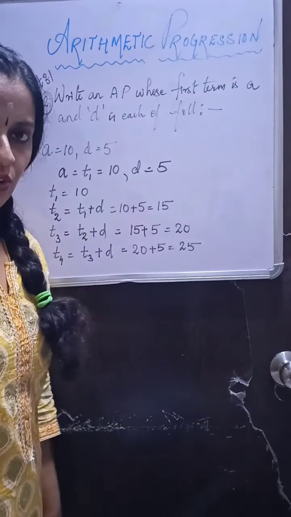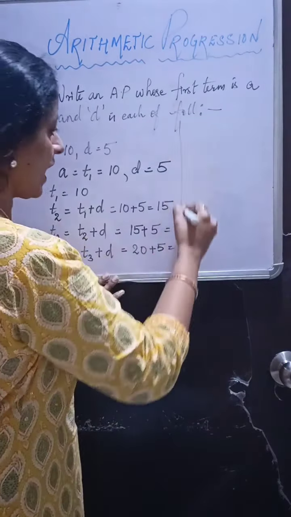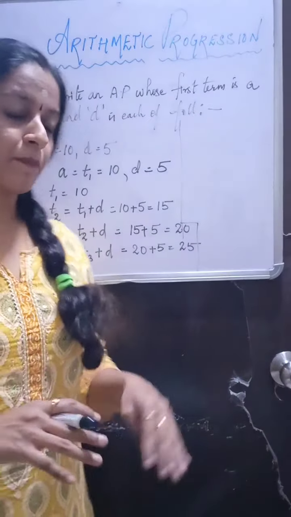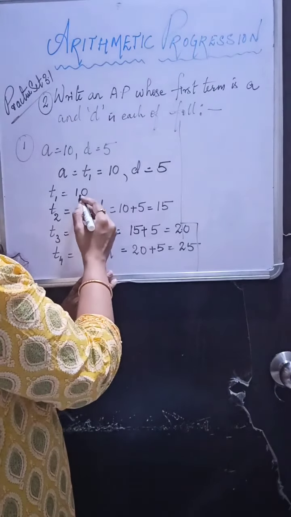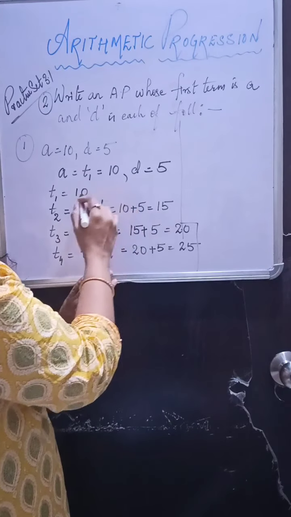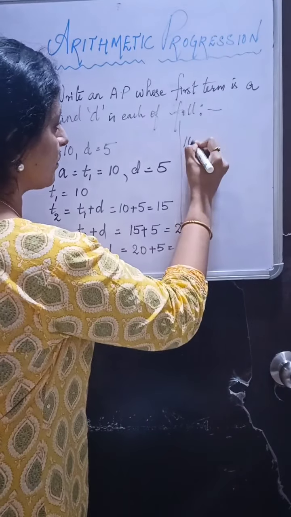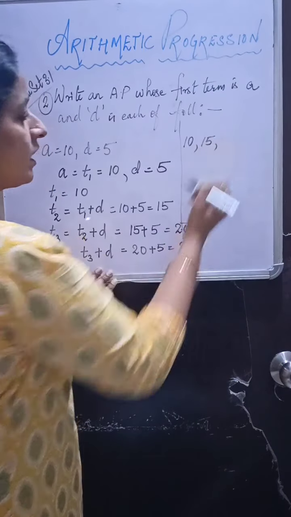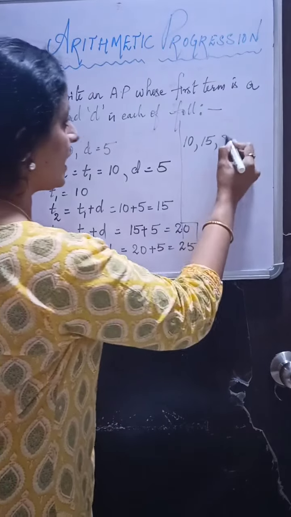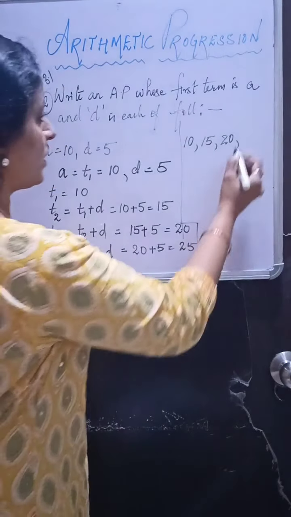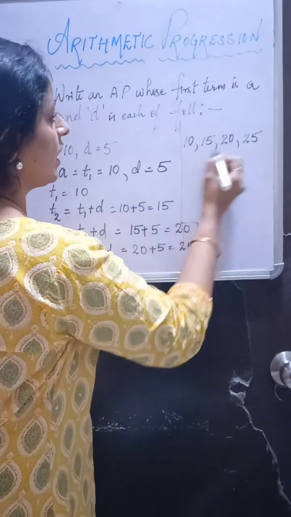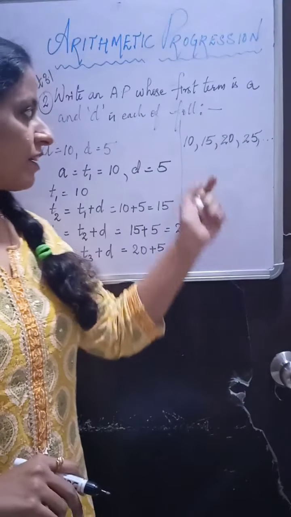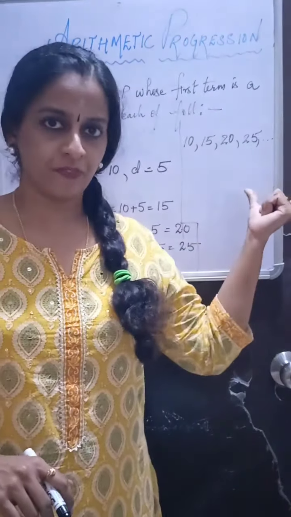So what will be the possible AP? What is the correct arithmetic progression? First term is given as 10, comma, second term is 15, third term is 20, and fourth term is 25, and so on. Put dot dot dot. That is the required AP.